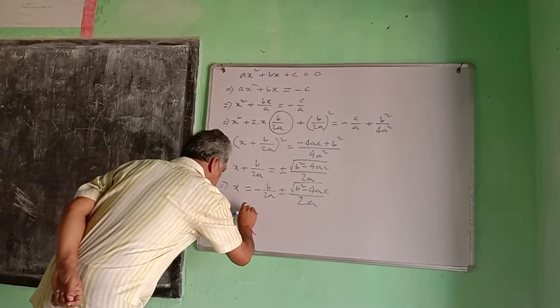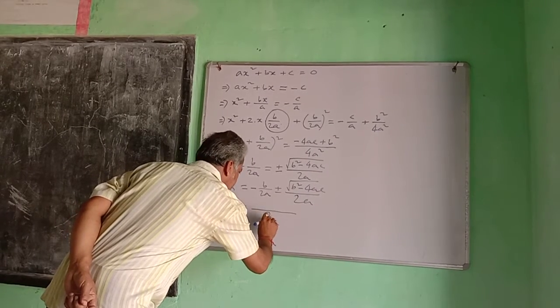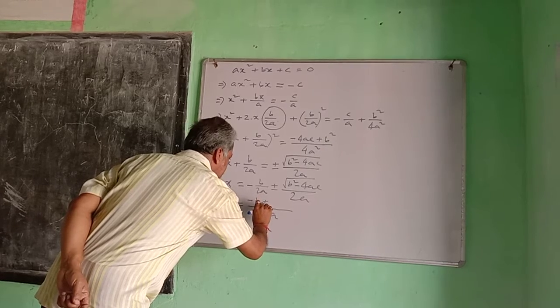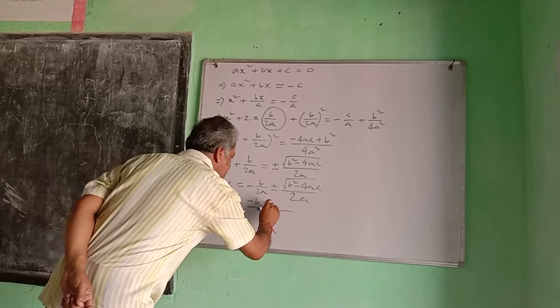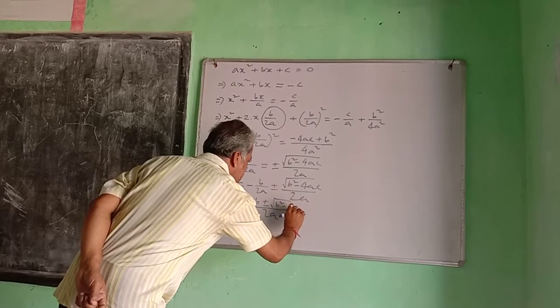If we simplify, the LCM is twice a, so the numerator will be the same: minus b plus minus root over b squared minus 4ac.